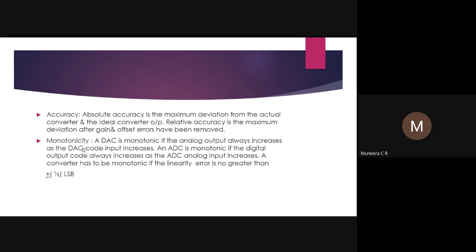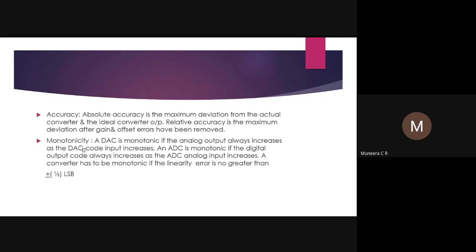Monotonicity. A DAC is monotonic if the analog output always increases as the DAC code input increases. An ADC is monotonic if the digital output code always increases as the analog input increases. A converter has to be monotonic if the linearity error is not greater than plus or minus half LSB.